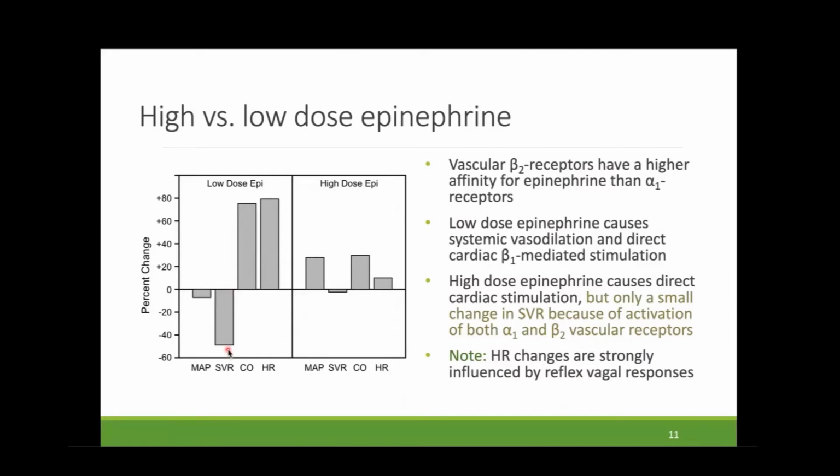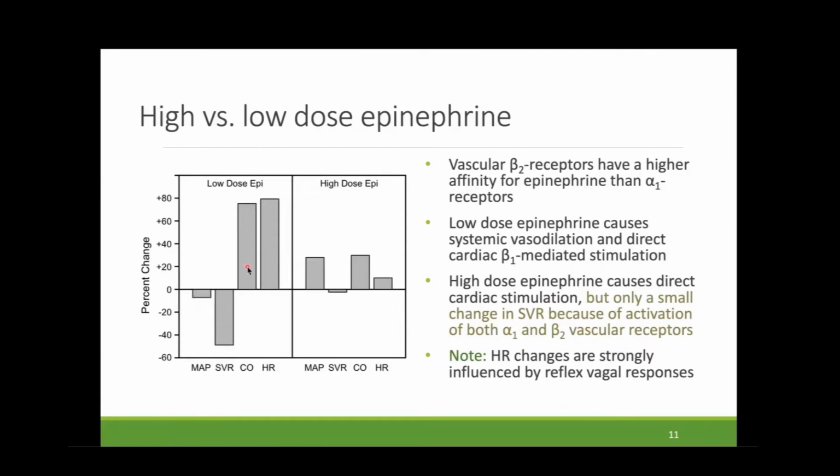So that would tend to lower blood pressure. But at the same time, with that low dose, we see a large increase in heart rate and a large increase in cardiac output. Now, arterial pressure doesn't change very much. In fact, it declines a small amount because the change in SVR is greater than the change in cardiac output.